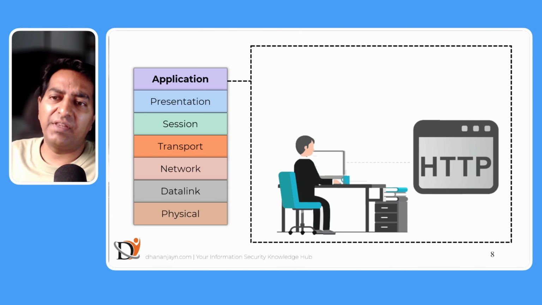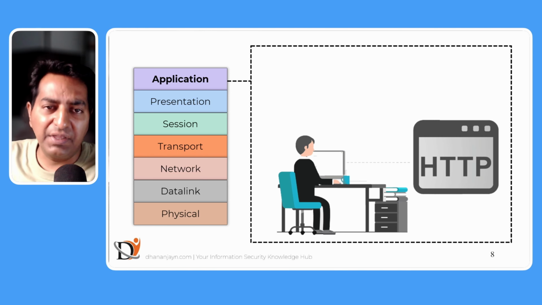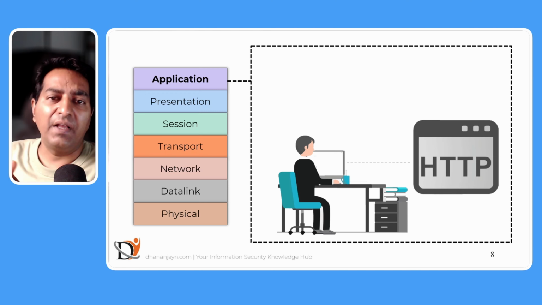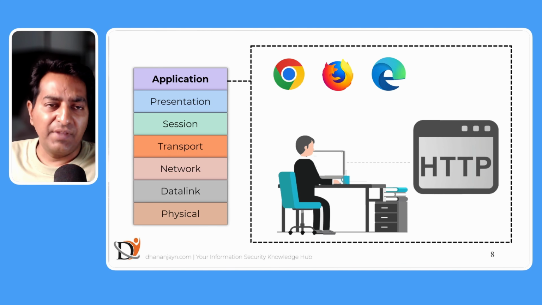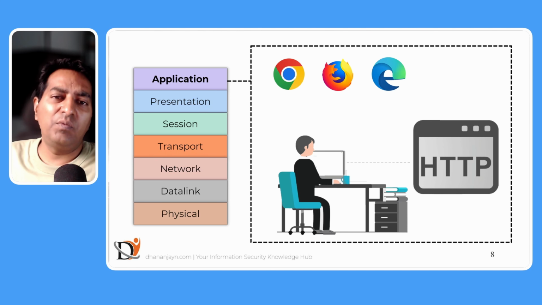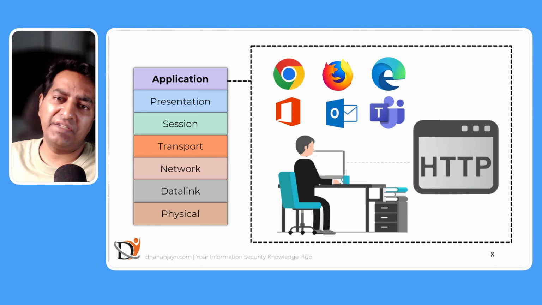The application layer provides network services to the end user. These services are protocols that work with the data the client is using. One of these protocols may be HTTP, which is used to browse websites. It could be Google Chrome, Firefox, or the Microsoft Edge browser, and other examples of applications that use this layer are Office, Outlook, and Microsoft Teams.